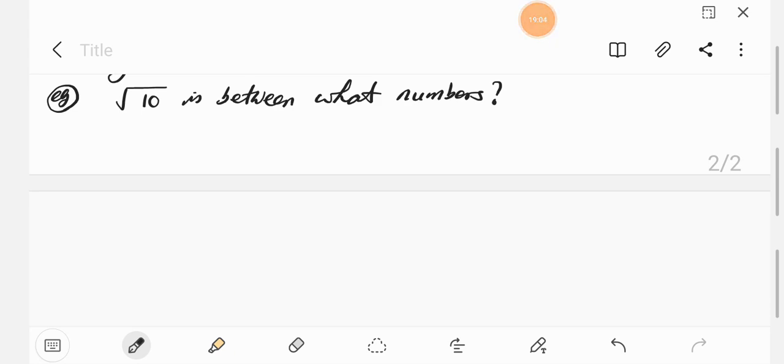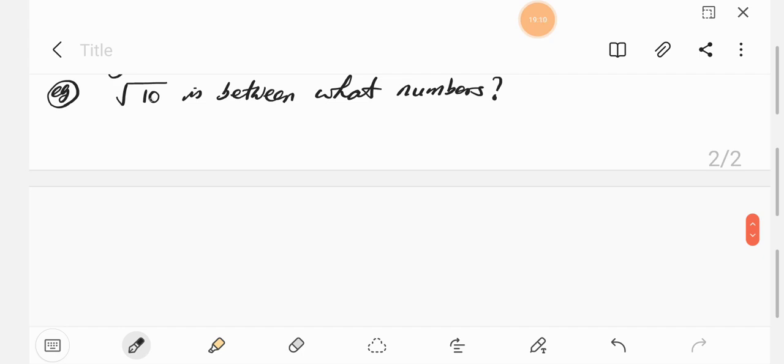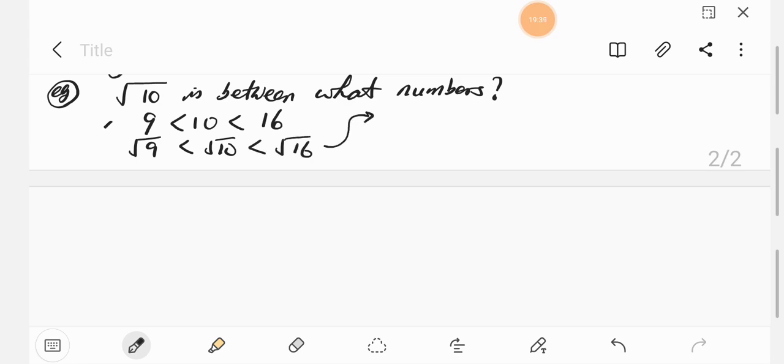Okay, let's try another example. The square root of 10 is between what numbers? 10 is greater than 9 and less than 16, because 9 is the perfect square less than 10, and 16 is the perfect square greater than 10 that is close to 10. Taking the square roots on each side, we can see that the square root of 10 is greater than 3 and less than 4.